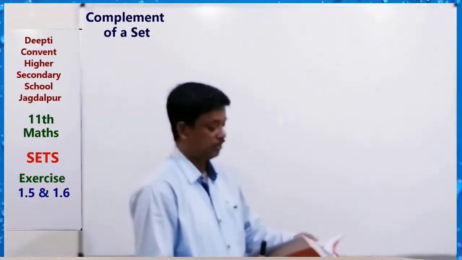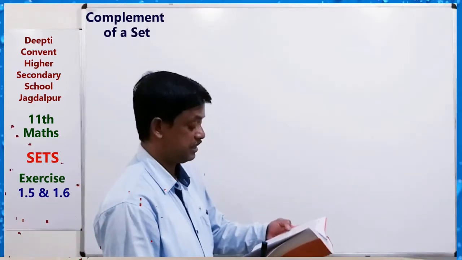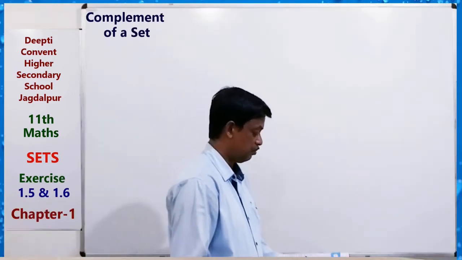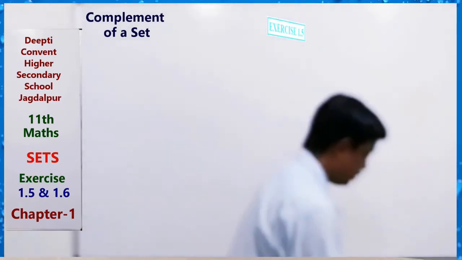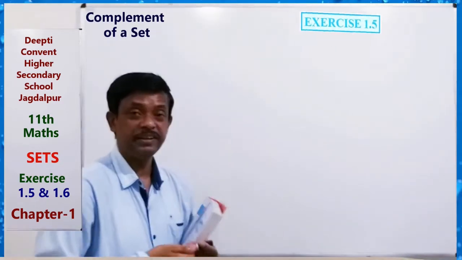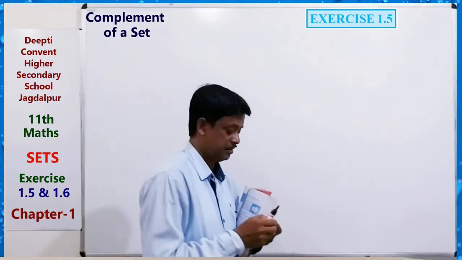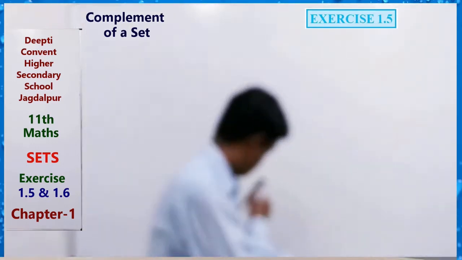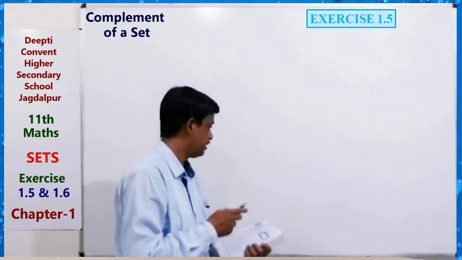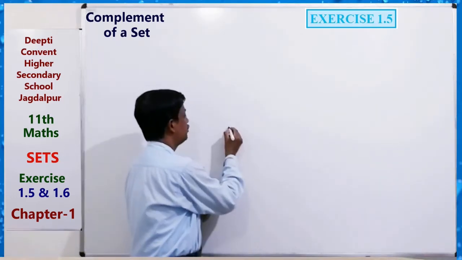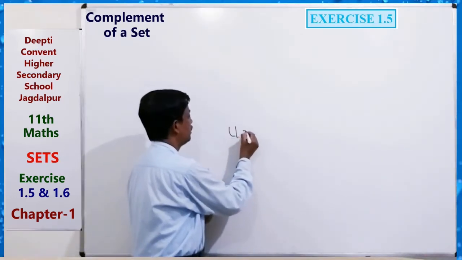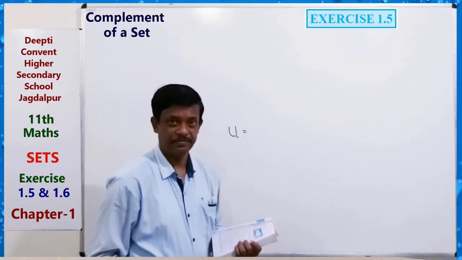Exercise 1.5 is related to complement of sets. We know, for the complement of a set, we require a universal set.